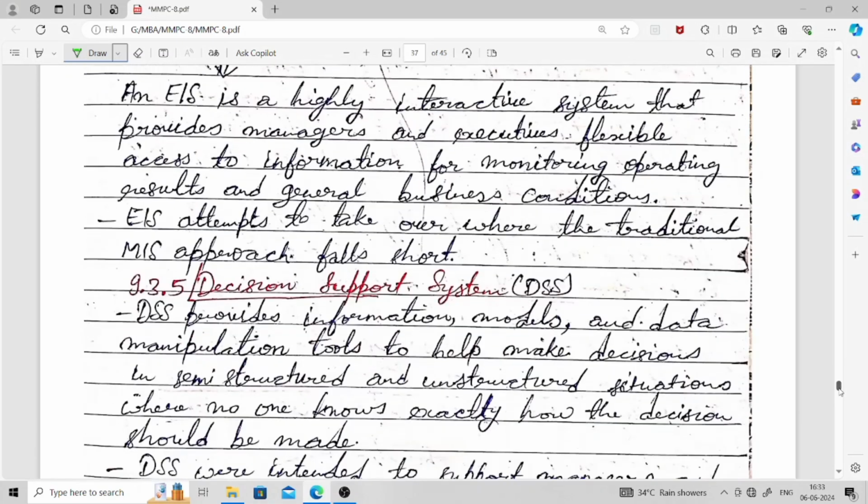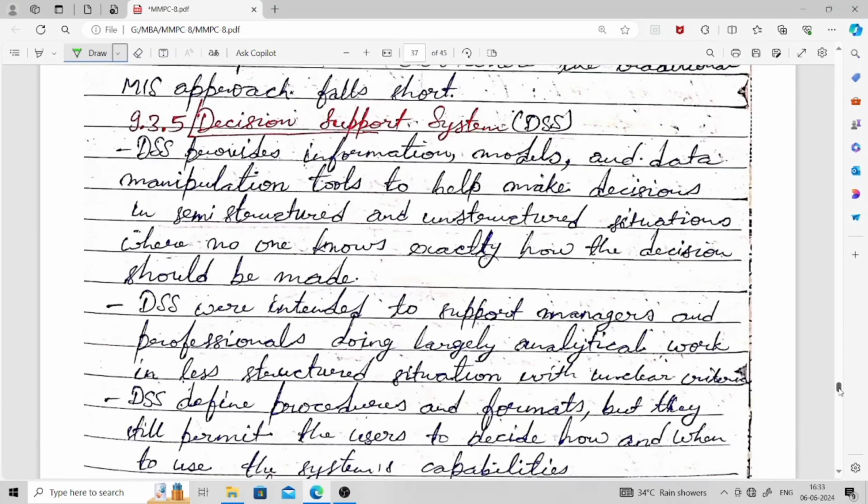Then the fifth one that is given, decision support system, that is DSS. Decision support system provides information, models and data manipulation tools to help make decisions in semi-structured and unstructured situations where no one knows exactly how the decision should be made.